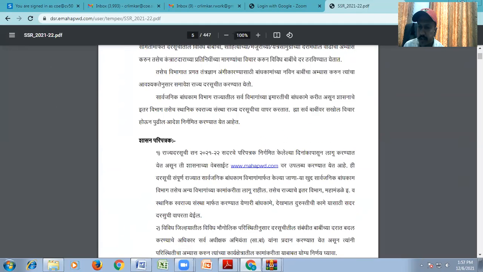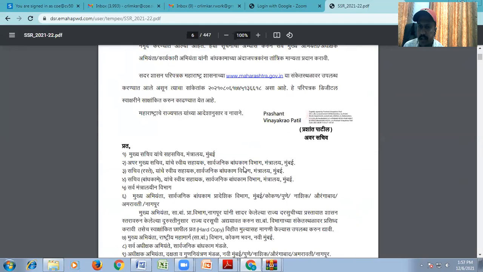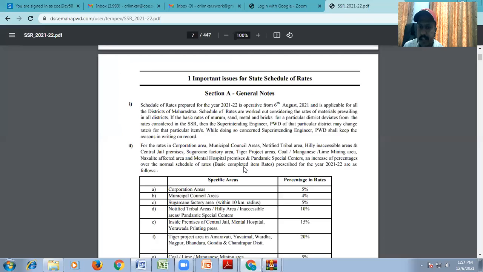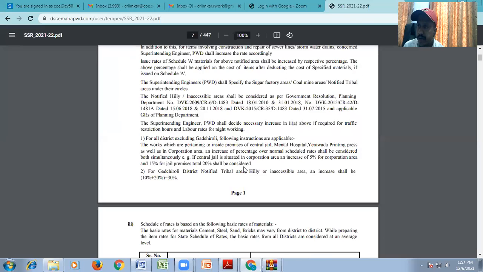The validity is also given for this SSR. Just we have to check. We are not interested in that validity. What we are interested in, that part we are going to discuss: the market survey, the first part of our unit number 5. Just give me a minute. It is not scrolling in the downward direction.